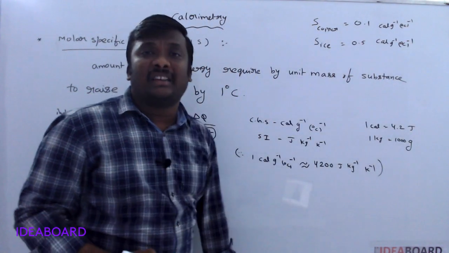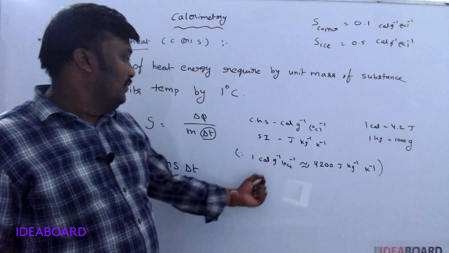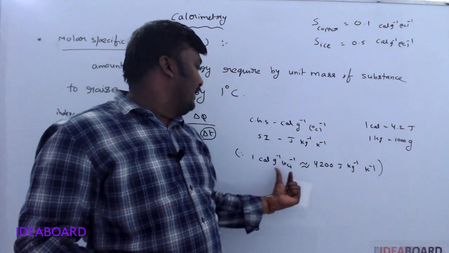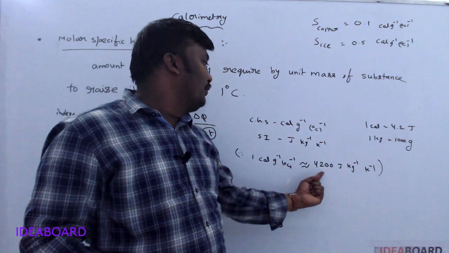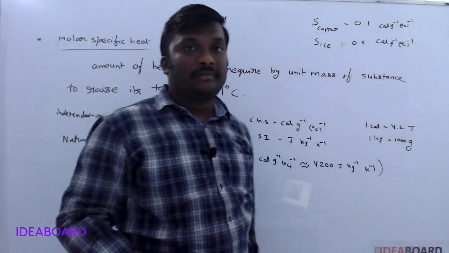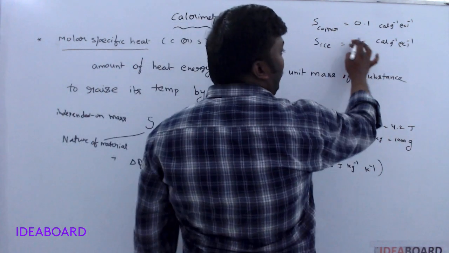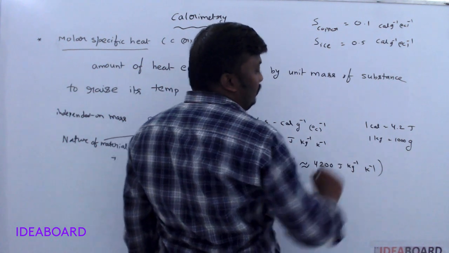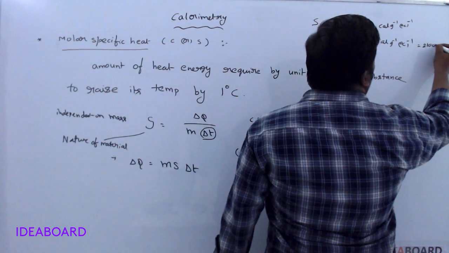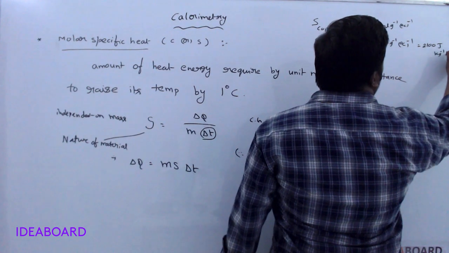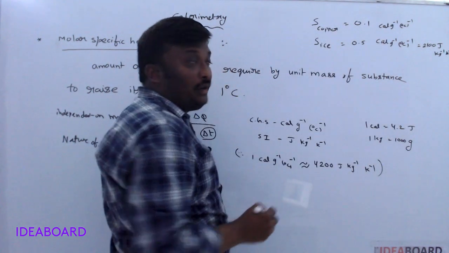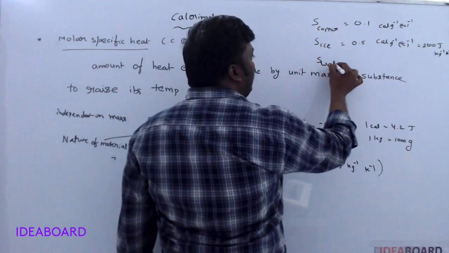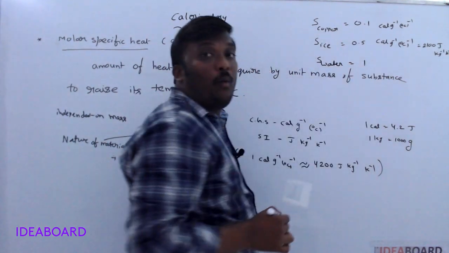Sir, in the question everything is given in SI units, sir. No issue. The value of 1 calorie gram inverse degree Celsius inverse is 4200, substitute here. Then its value is nearly 0.5, which means 1 by 2, divided by 2, so 2100 joule kg inverse Kelvin inverse. Okay, and the specific heat of water is 1.